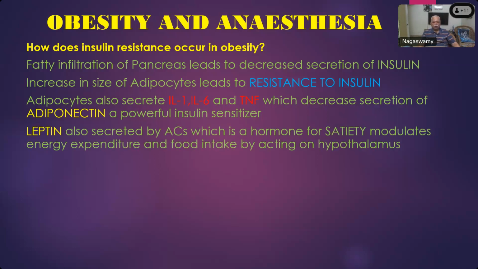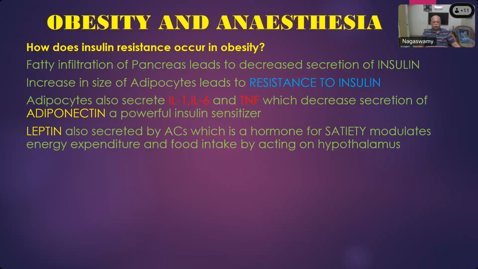The fourth reason is leptin, which is also secreted by the adipocytes. It is a hormone for satiety, and modulates energy expenditure and food intake by acting on the hypothalamus. So this leptin is not secreted properly, and the person does not feel satisfied with the meal, so they tend to overeat.